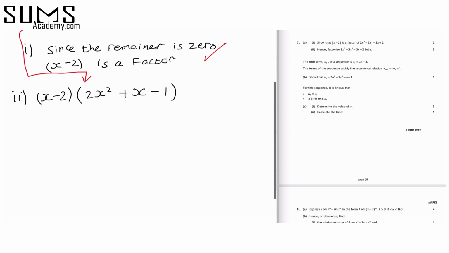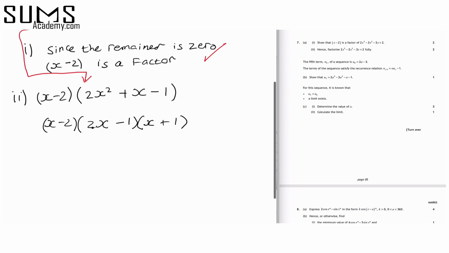So now we need to factorize this. So x minus 2, right, I'm going to put 2x here and another bracket here. So 2x squared can only come from 2x times x, and then for minus 1, our factors are going to be plus 1 and minus 1. So we have plus 1 here and minus 1 here.